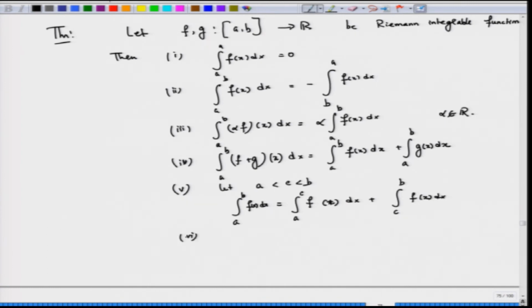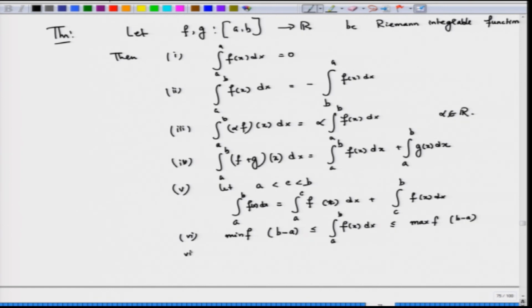And then, f is a bounded function, so it has a minimum and a maximum. Minimum of f times b minus a is less than or equal to integral a to b of f of x dx, which is less than or equal to maximum of f times b minus a.